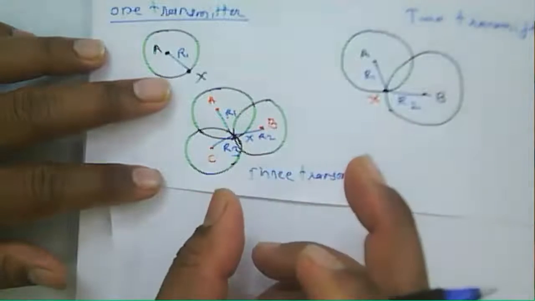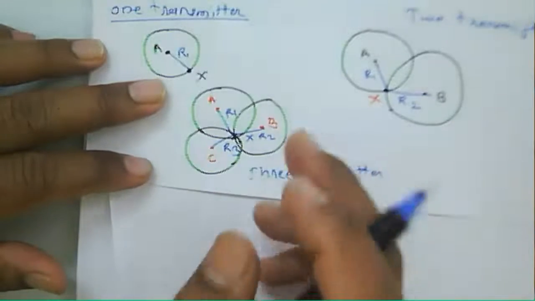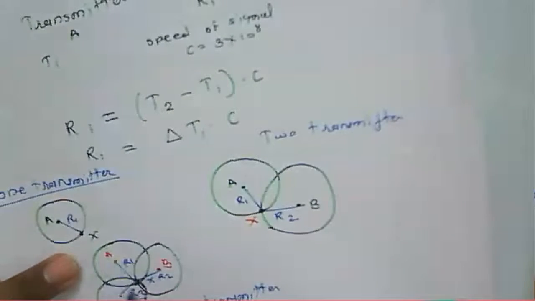We can find the location of the receiver if we know the position of the transmitter, that is, the position of the satellite.